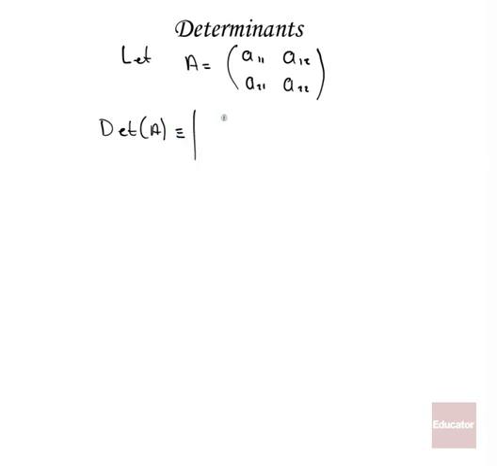Okay. Let us take a matrix A, and we'll use our notation A11, A12, A21, A22. Okay, 2 by 2 matrix. We define the determinant of A. Another symbol for the determinant is a straight line up and down.